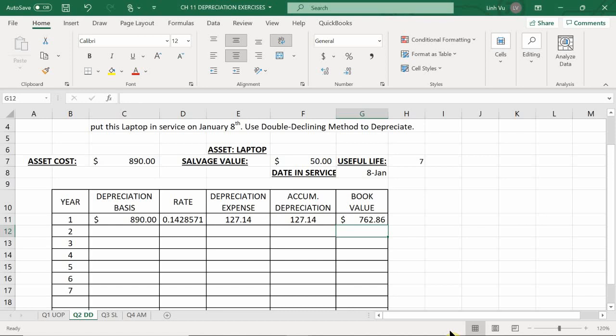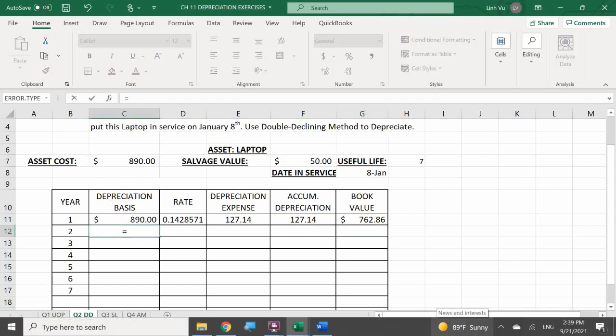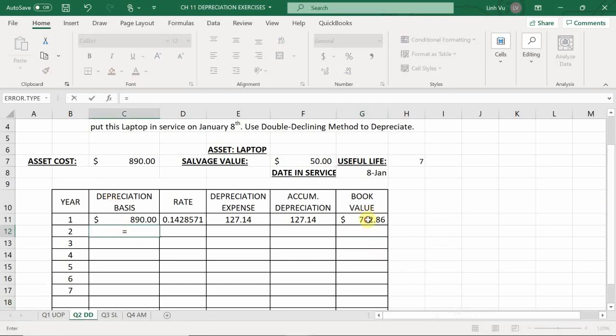So this is the end of the year's book value. Then if that's the end of the year's book value, that automatically becomes the beginning of the year's book value. So you're going to be transferring the information over here.